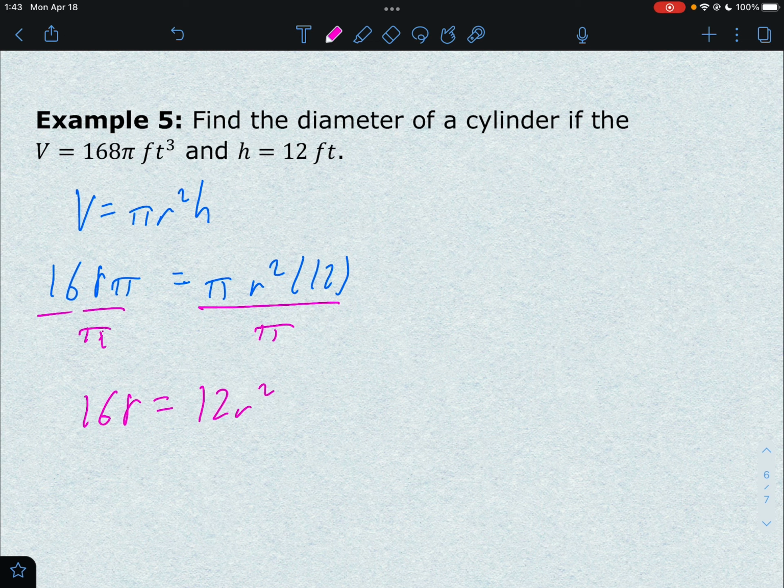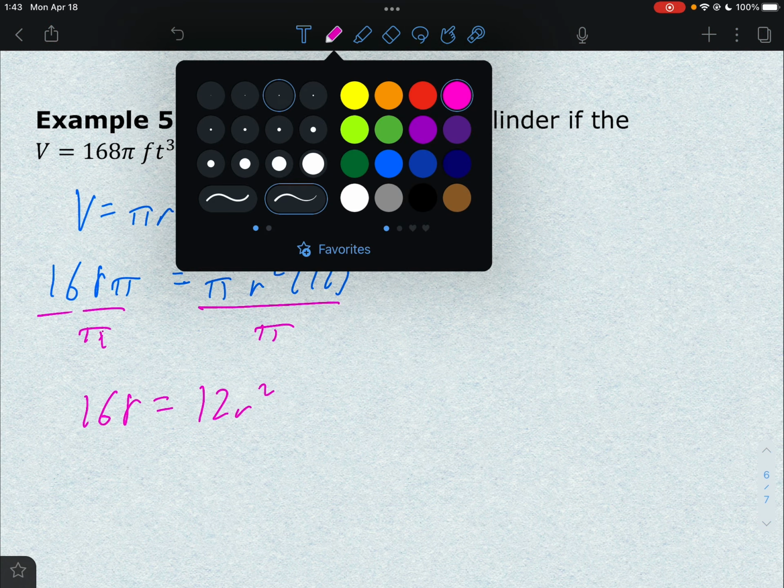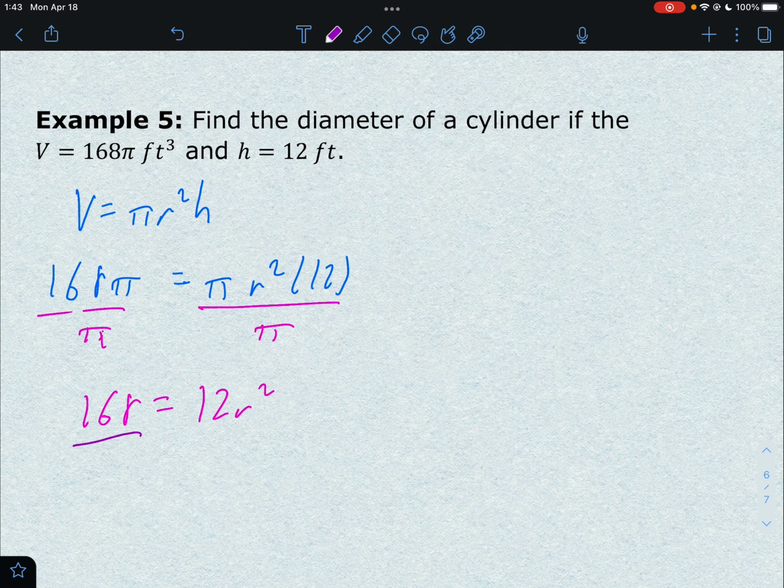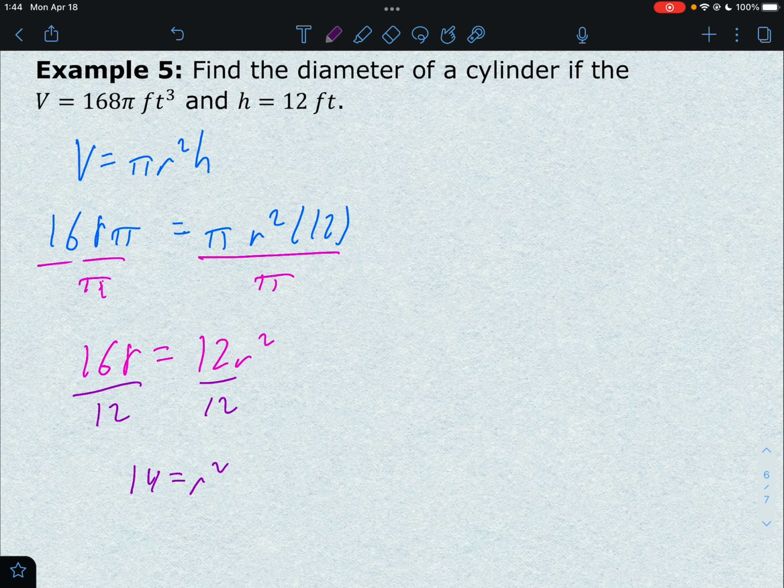Divide both sides by 12. And we get 14 equals r squared. So then take the square root of both sides finally. And we get r equals root 14.